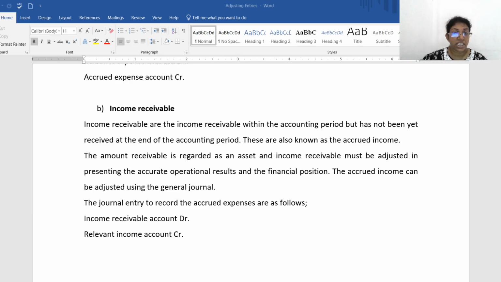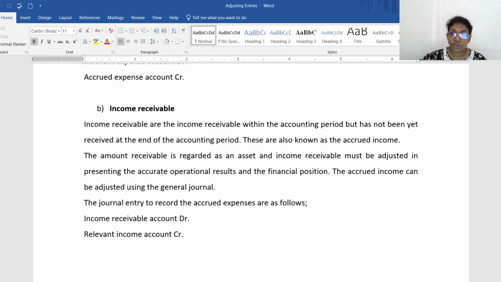The accrued income can be adjusted by using the following journal entry. We are going to debit the income receivable account and credit the relevant income account. According to that, we are going to add the remaining balance to the payment of the income.